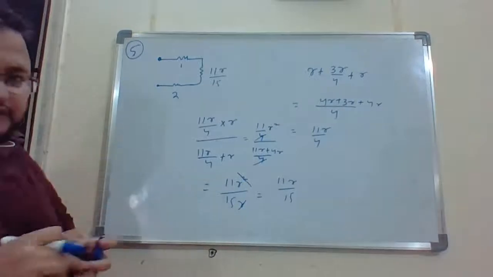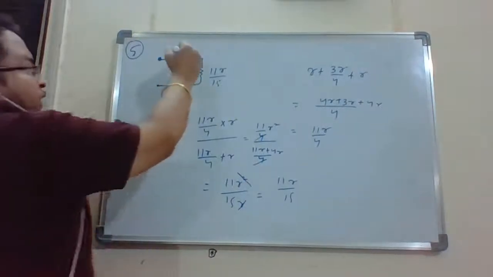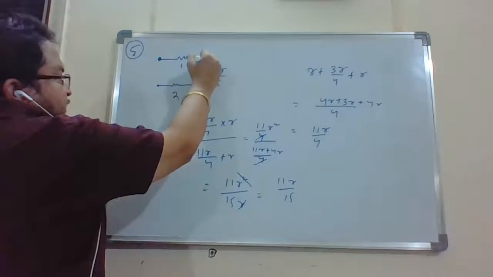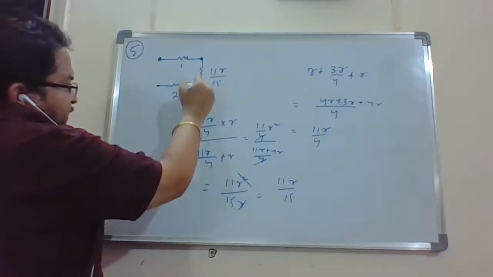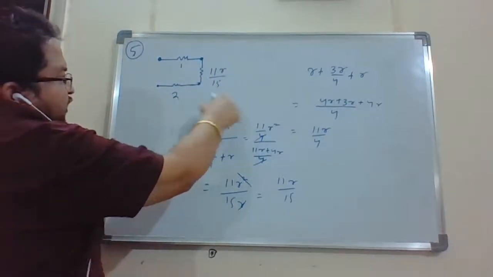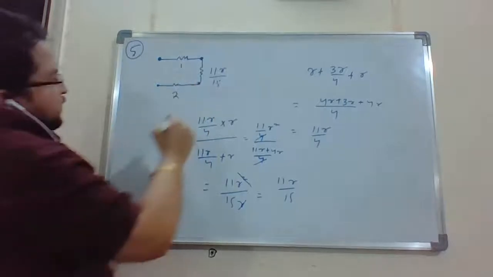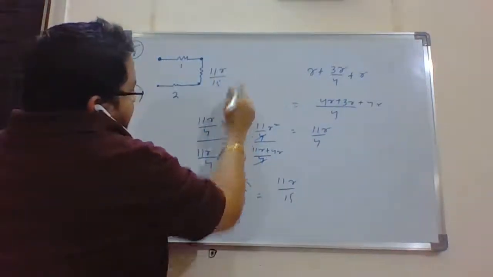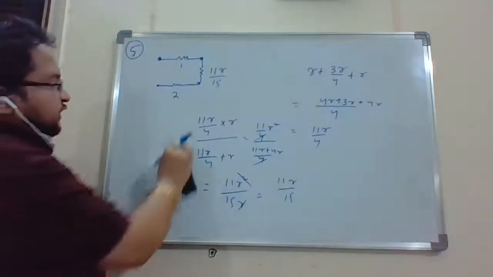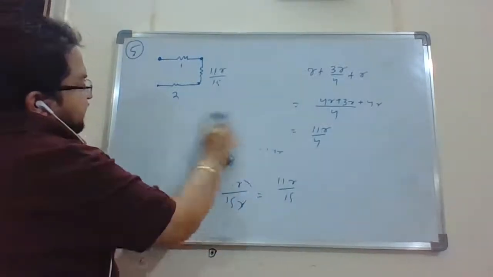Now again, that last step, one is in series with this, and this one is also in series with two. All these three are in series. So the answer would be we just need to add all these three resistors, right?